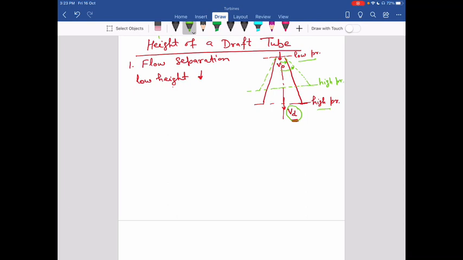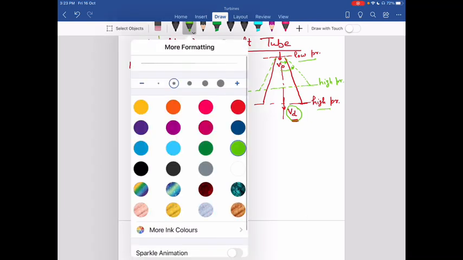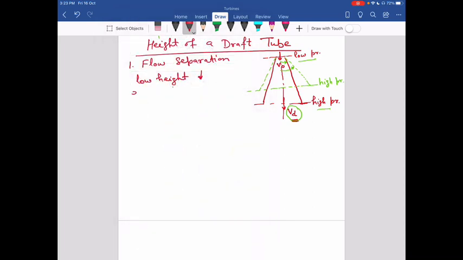Now, due to this flow separation, there is a formation of eddies. Okay, and these eddies lead to energy loss.